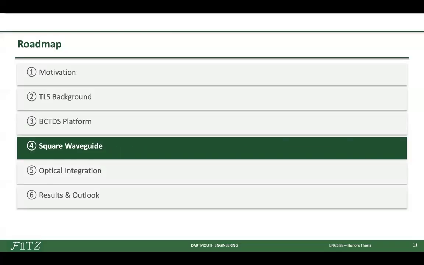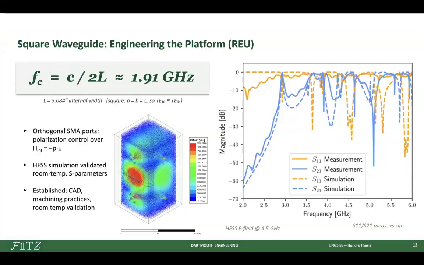Well, before I get into that, I want to talk about the work I did last summer during my REU here at Dartmouth. I learned how to design, fabricate, and machine these aluminum waveguides, and I made a variation of our original waveguide with this square waveguide.